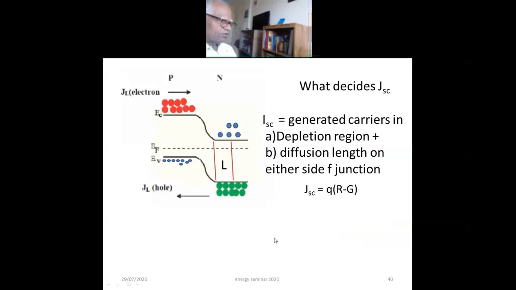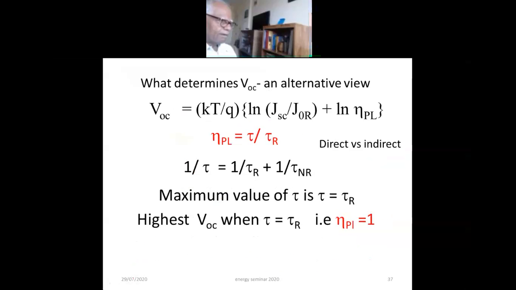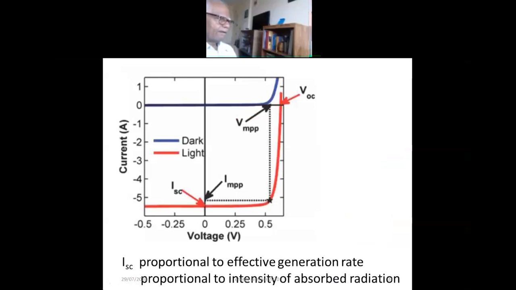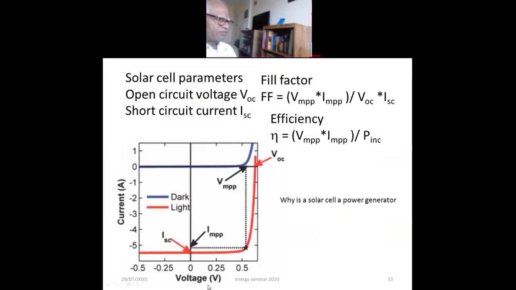Power efficiency means the power generated by the cell divided by the incident power. The incident power in this case is the sun, which is 100 milliwatt per centimeter square.